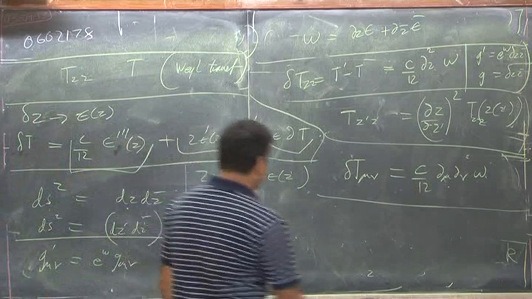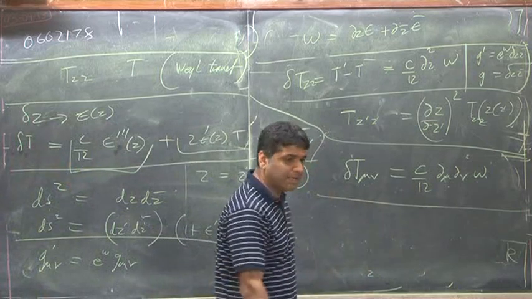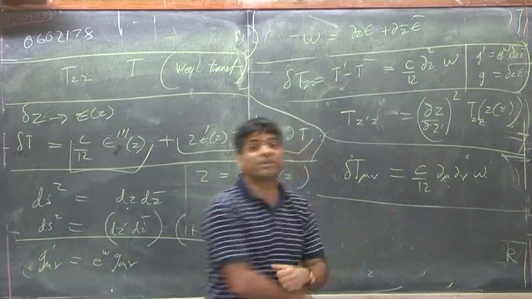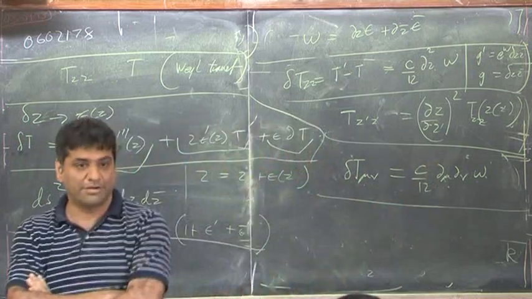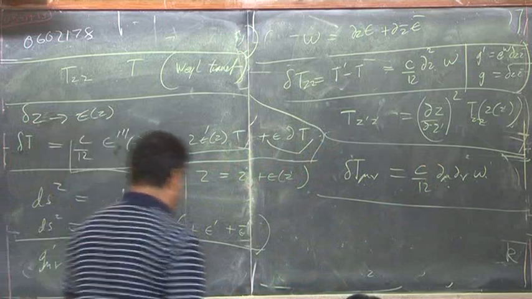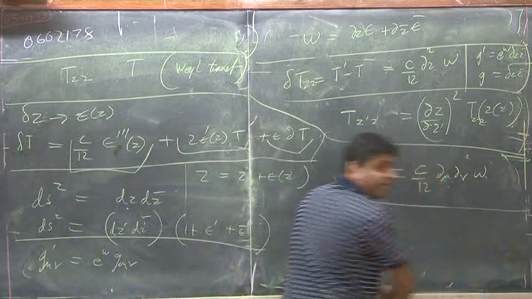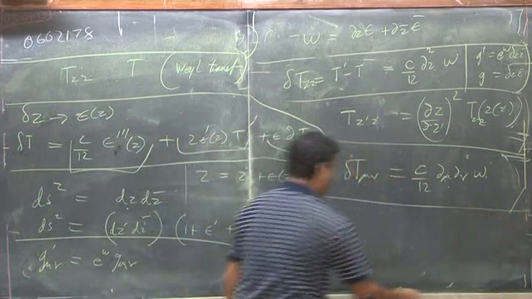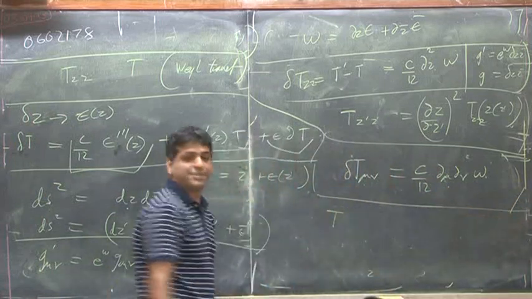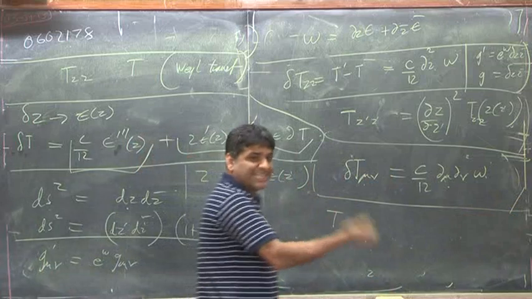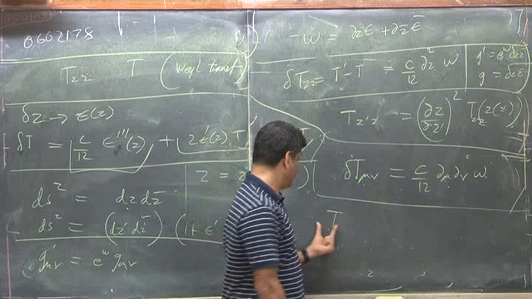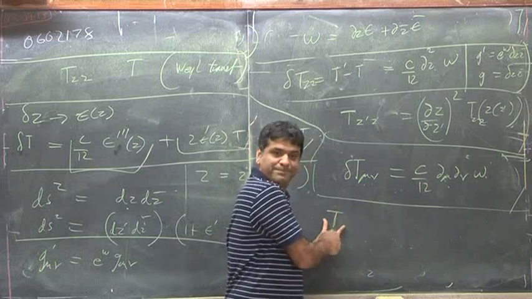This object here tells us how, in general, delta T mu nu transforms under a Weyl transformation. Despite my mess up, which Arunabh and Yogesh had pointed out was wrong, the part that was certainly true was that T itself, we want some formula for what this T can be.